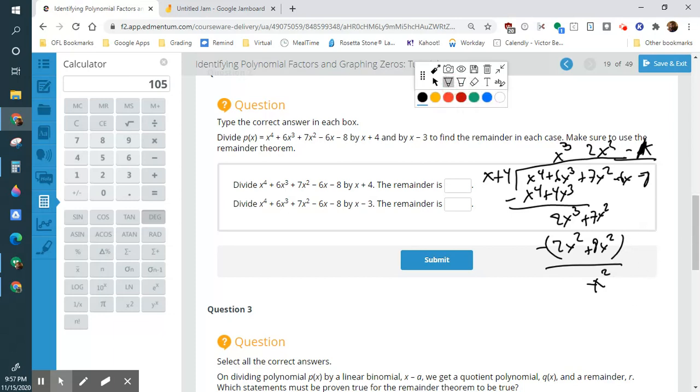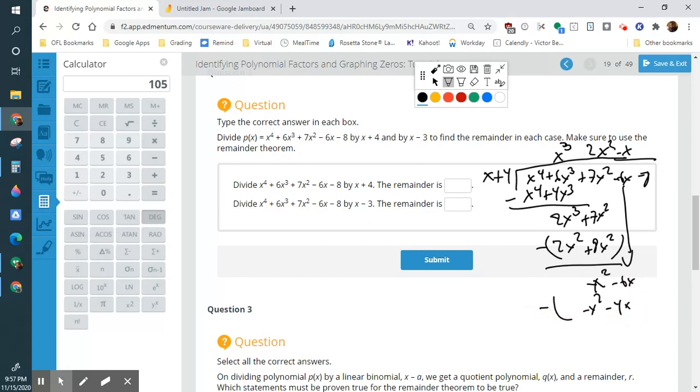So I'm going to bring down this -6. So this is -x. So I was right, I just wrote too big. -x, -x squared, -4x.